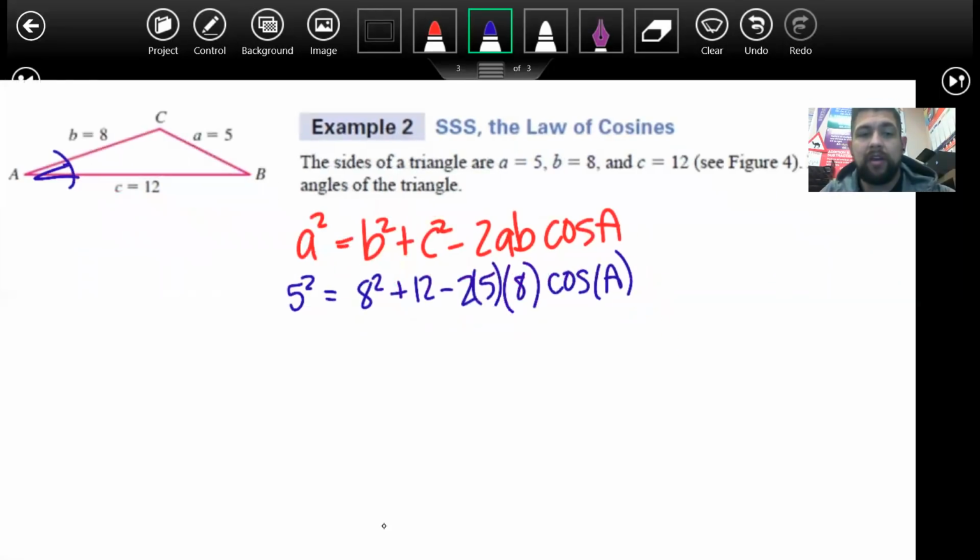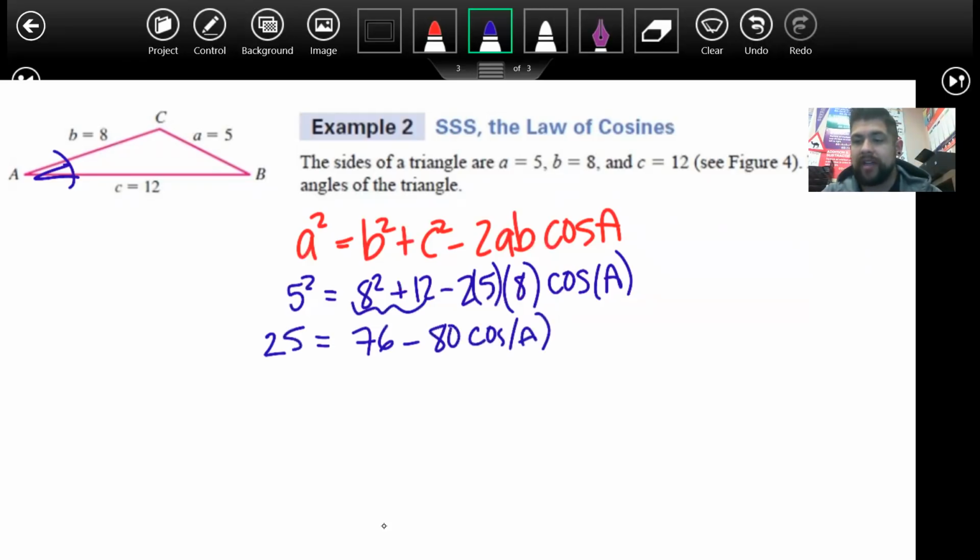All you're really doing is solving backwards. So you're going to simplify everything. We're going to get 25 is equal to 64 and 144, which gives me 208, minus 80 cosine of A. Again, just simplifying our terms. We're going to subtract out 25 and 208.